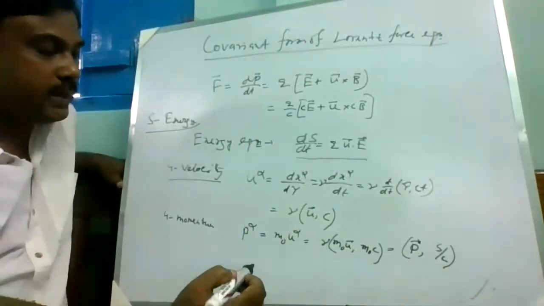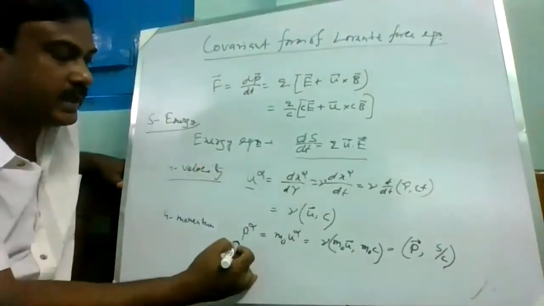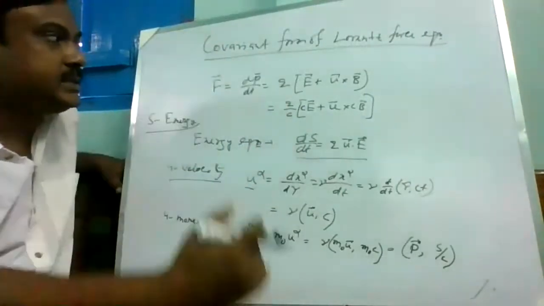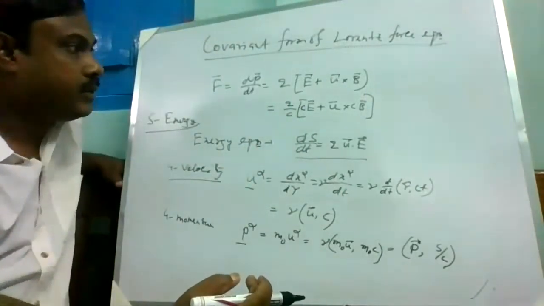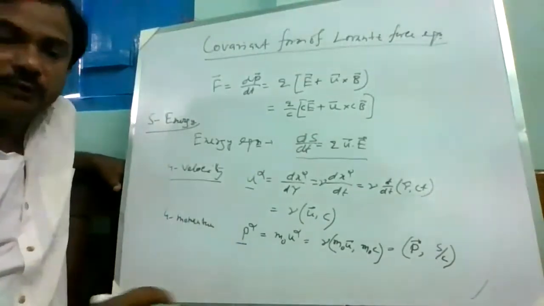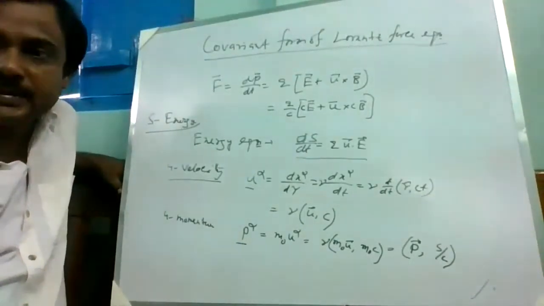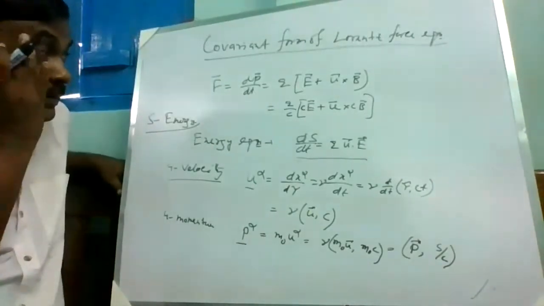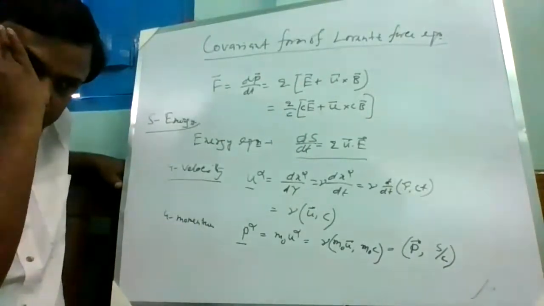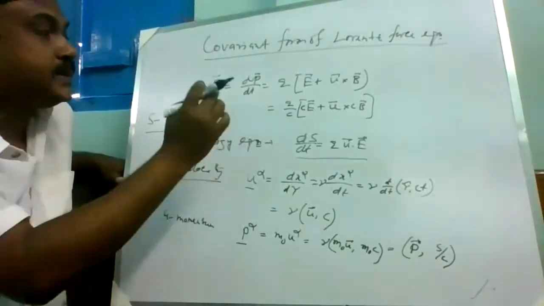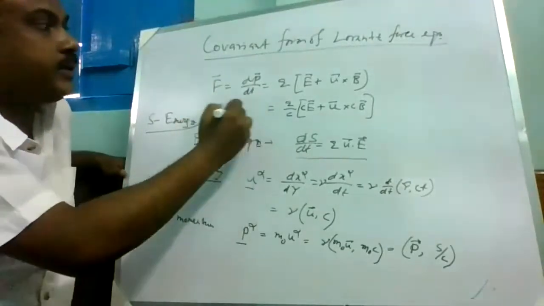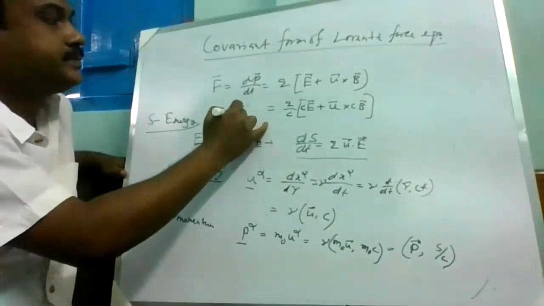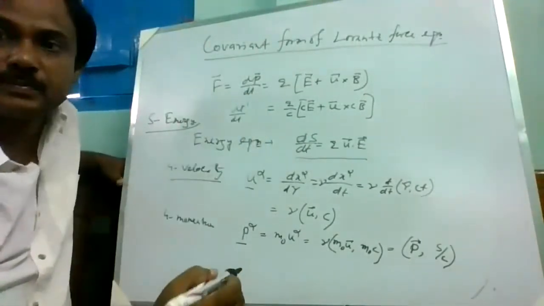Now, once we have formulated this, we are going to represent the Lorentz force equation in this form. For example, I take the first equation, the first component, which will be dp1 by dt, right?